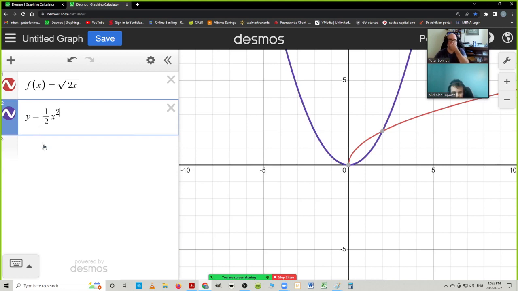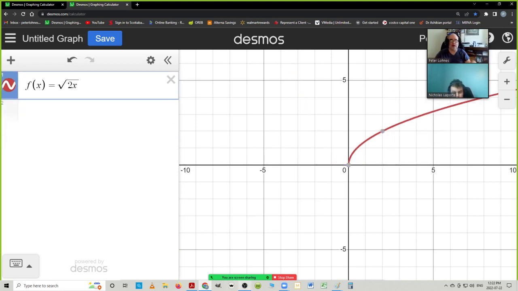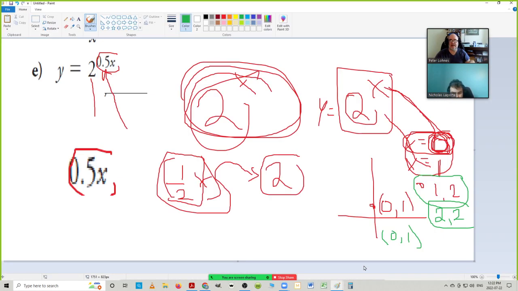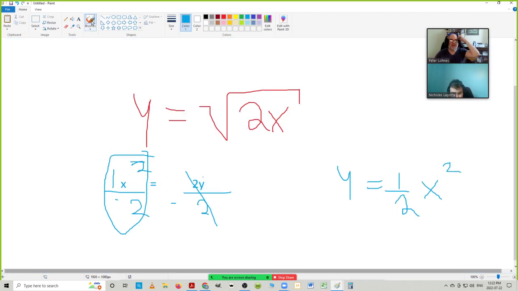And by the way, how come I have two? How come I got a parabola, but clearly this is a half square root? Well, we must stop ourselves and go back. What is the domain and range of this? Well, that's not going to have too much effect on the domain.